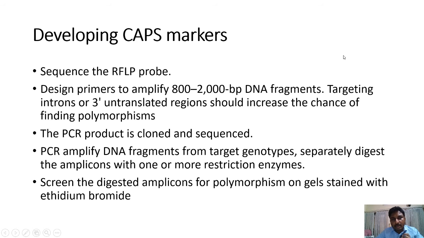Then you will get clones of vectors. Then the vectors need to be isolated from the bacteria, and you need to sequence the DNA of interest that is present in the vector. Hence you can get to know the sequence of the inserted DNA. Then you can develop probes against it that can be utilized in CAPS.